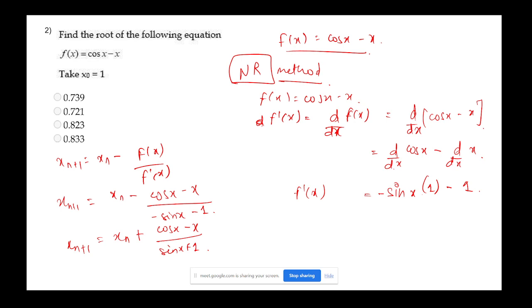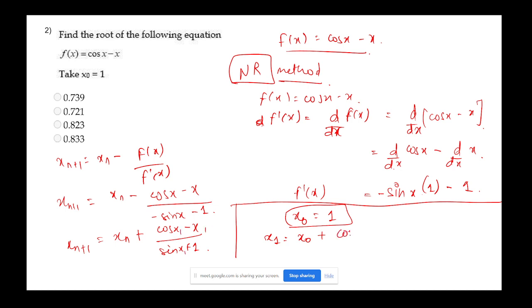To start with, you are given x naught as 1. This 1 will be in radians, so take care of that. If you are solving such equations, then for sine and cos of a numeric value, always take it in radians, not in degrees.